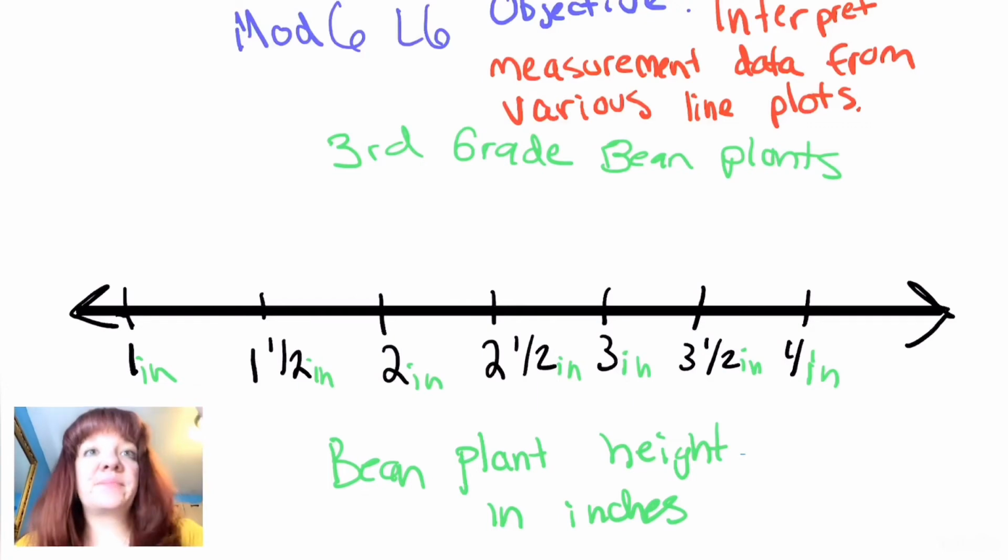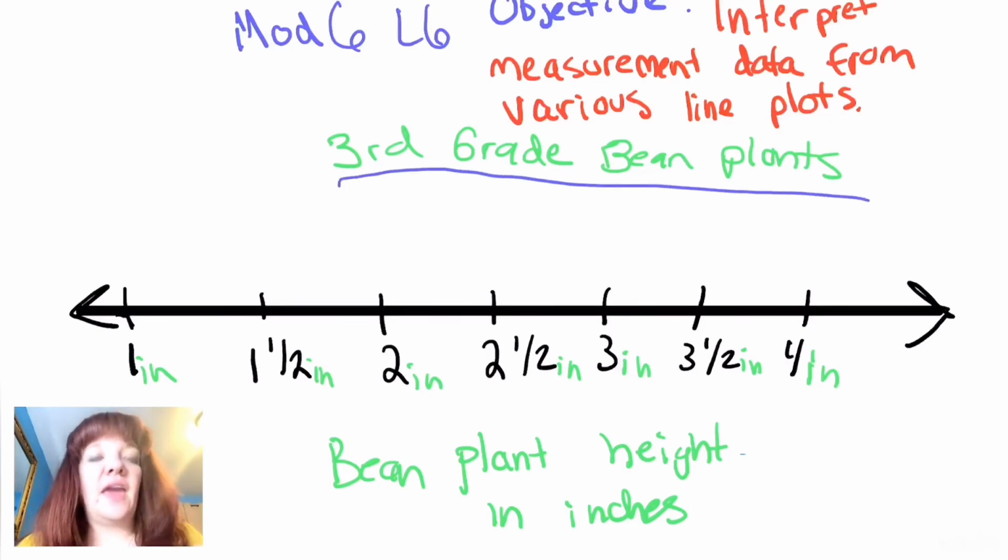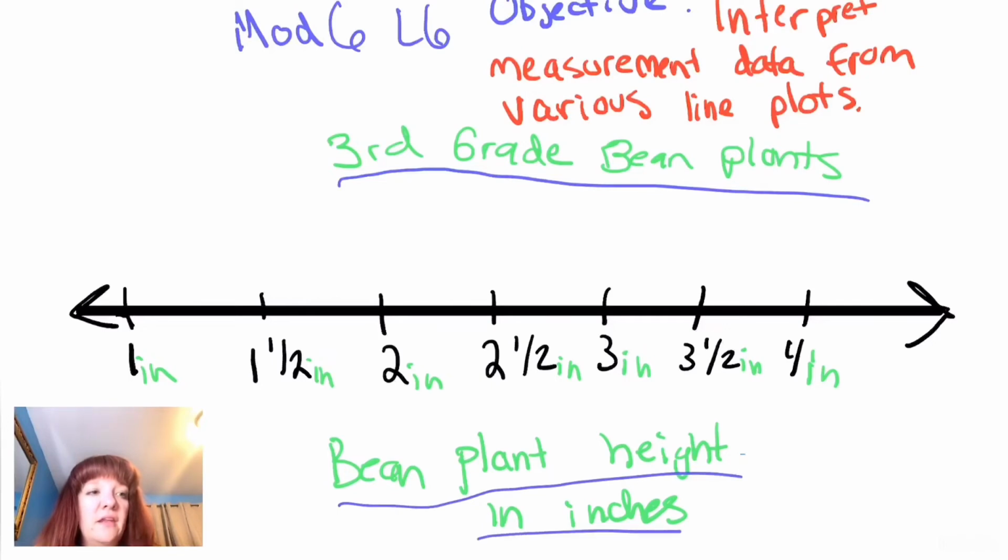So I just made one up right now. It's called 3rd grade bean plants. There's the title of my graph. And the bean plant height is in inches. So we have 1 inch, 1 1/2, 2, 2 1/2, 3, 3 1/2, 4.